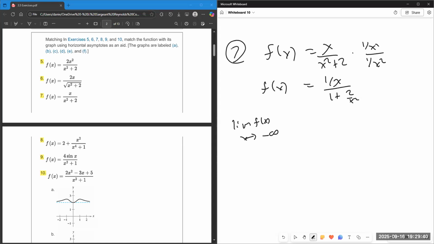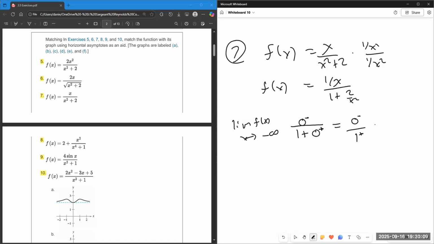That's going to be a number a little bit less than 0 because it's going to be a negative number. And then 1 plus a number a little bit bigger than 0. So this is a number a little bit less than 0 over a number a little bit bigger than 1. So this is still a negative divided by a positive.